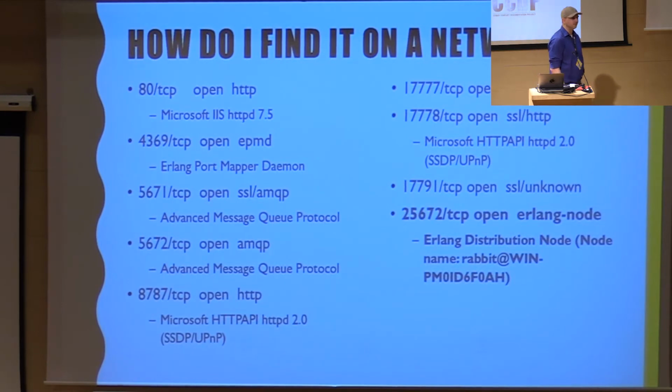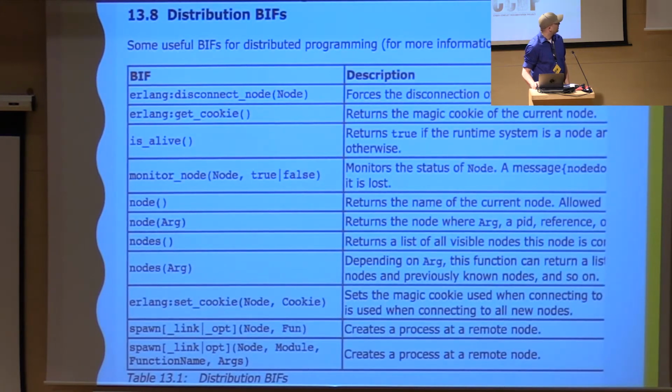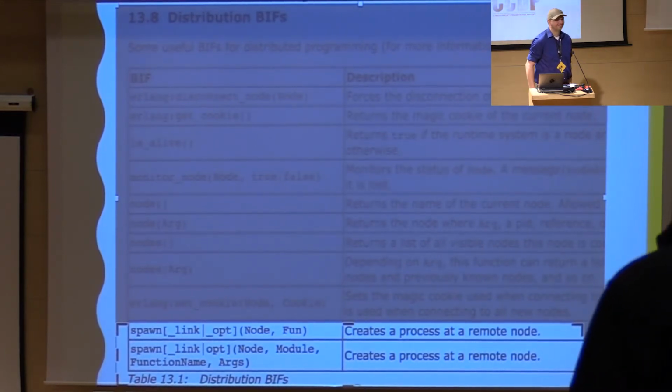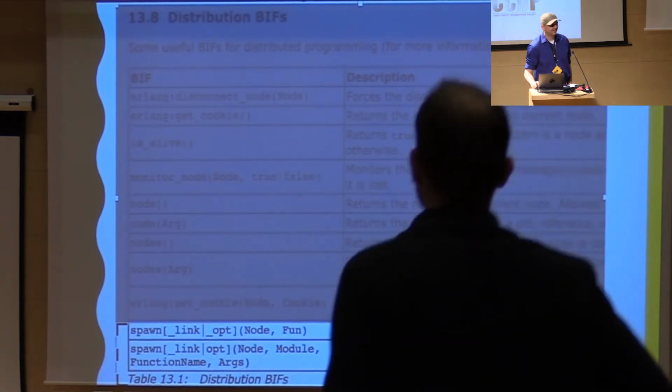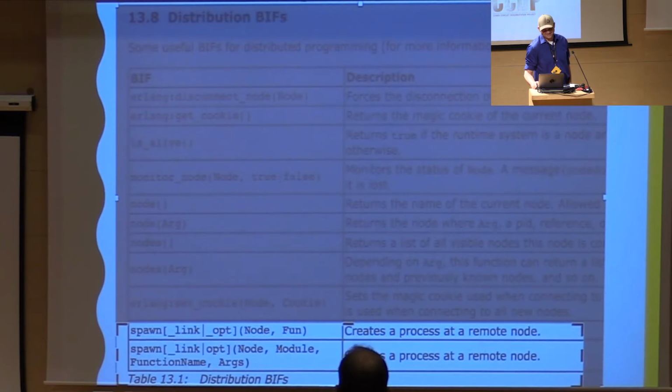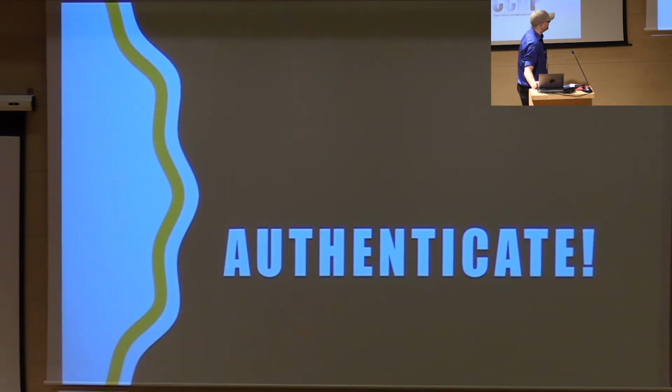What can Erlang do? Replicate data, but it also has this set of information. Anyone see anything interesting in that list? Here, I'll help you. Yeah. So that's my demo later. So we'll get back to that.